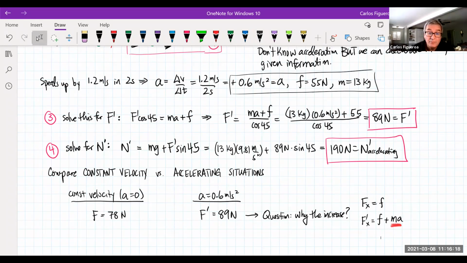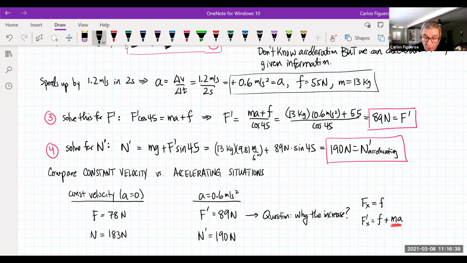So let's look at the normal now. In the constant velocity case, we saw that the normal was 183 newtons. But the new normal, n prime, was equal to 190 newtons.